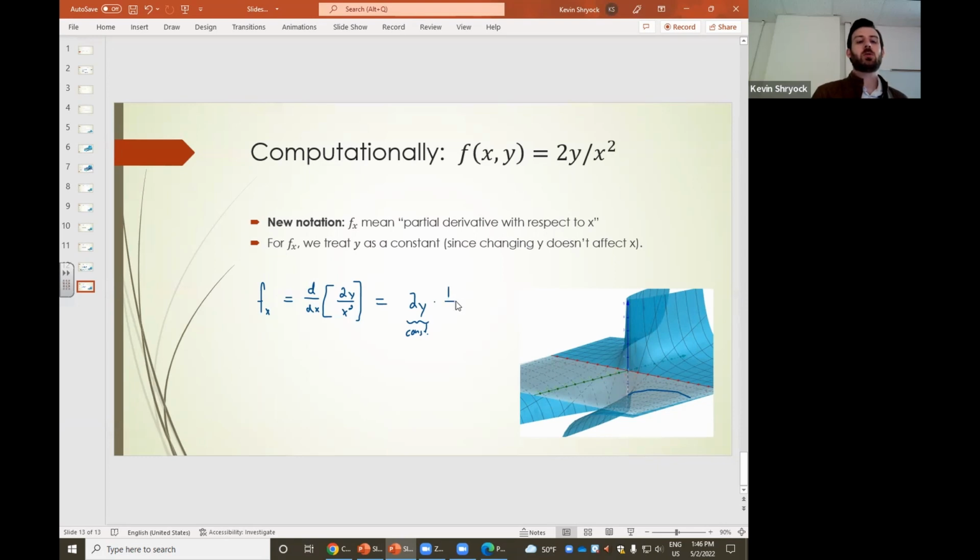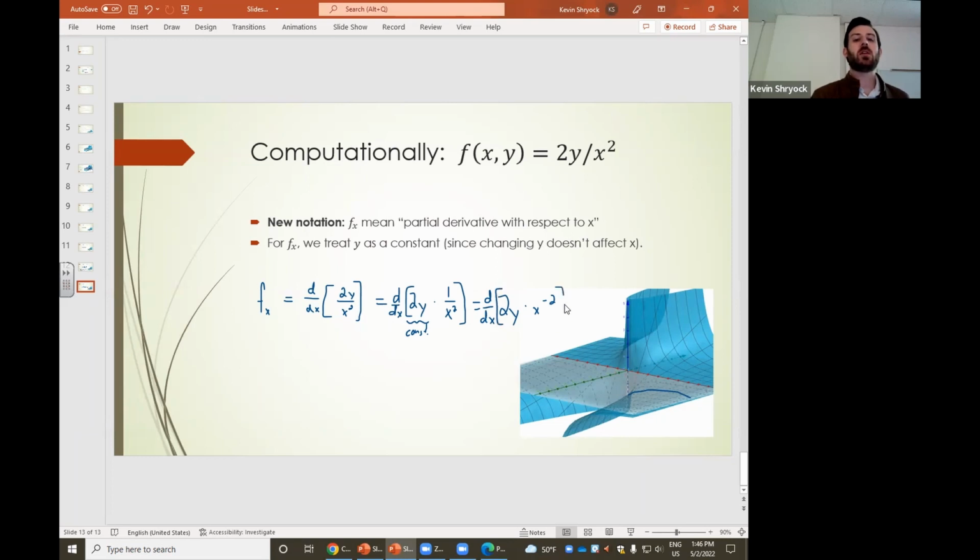I can make it 1 over x squared. As we do the derivative here, maybe we first rewrite it in terms of power. We got 2y times x to the negative second. Still haven't done the derivative yet. This is me just algebraically manipulating it.